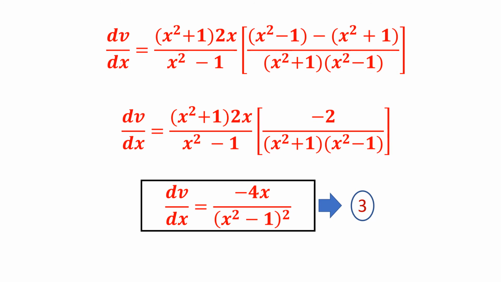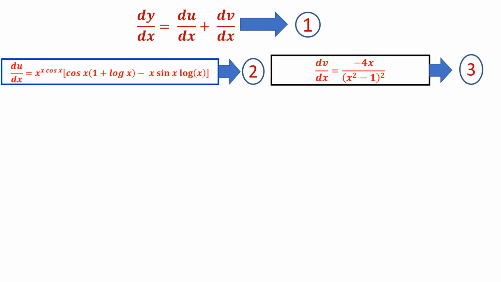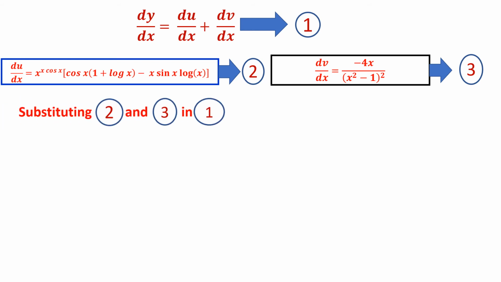We have done du/dx and dv/dx. Now it is ready for substitution and finding the value of dy/dx. Equation number 1: du/dx we already calculated in equation number 2 and dv/dx in equation number 3. Now substitute 2 and 3 in equation number 1.